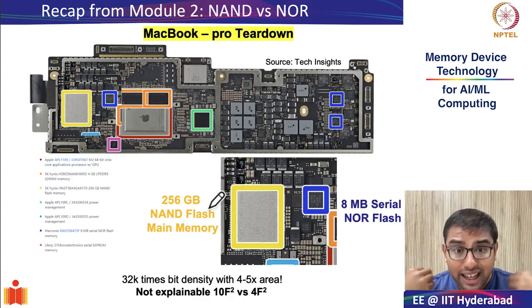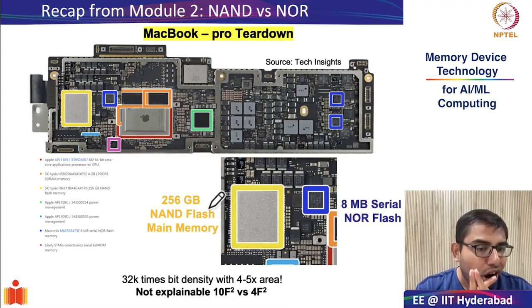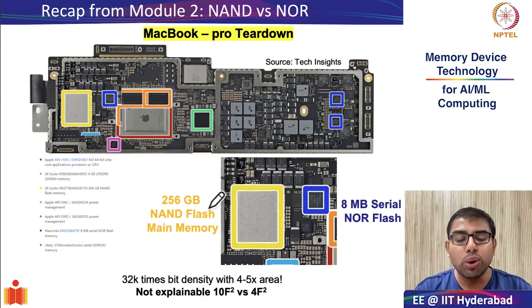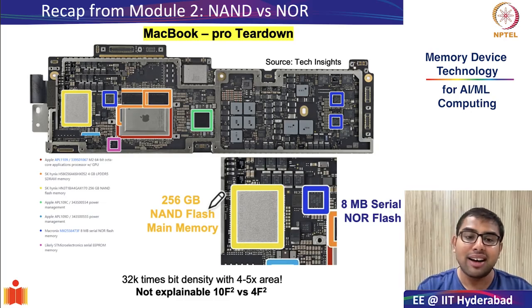So the final bit density cannot be explained only through the cell layout difference of 10F squared and 4F squared. So something very interesting is happening, and that is what makes NAND flash very scalable, and it makes us really look deeper into what happens with NAND flash memory.